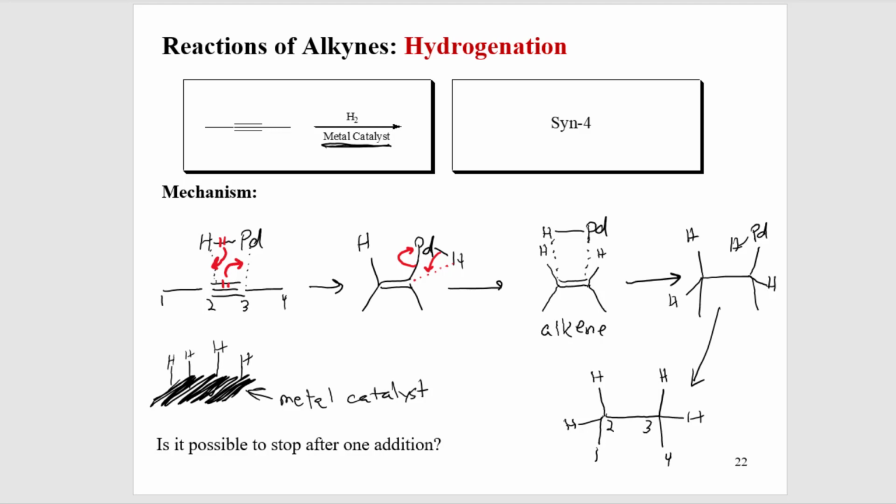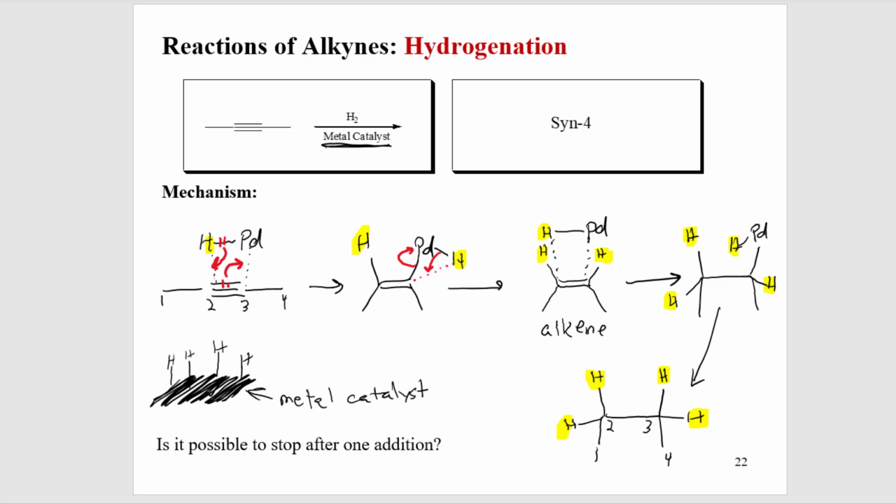We have no more pi bonds. We've replaced them all with hydrogens. Okay, so we went all the way from an alkyne to an alkane, as if that alkyne never existed. It's like we erased it.